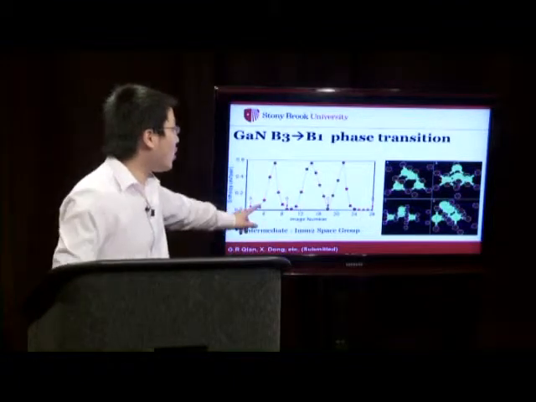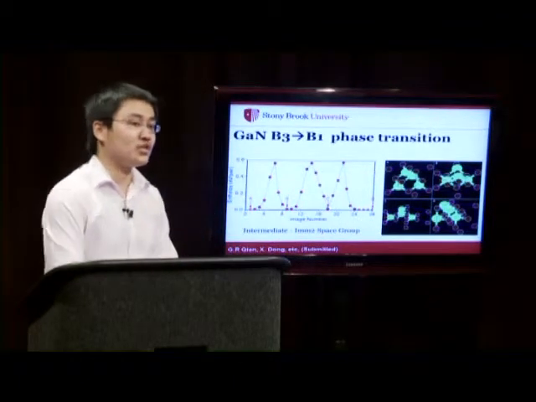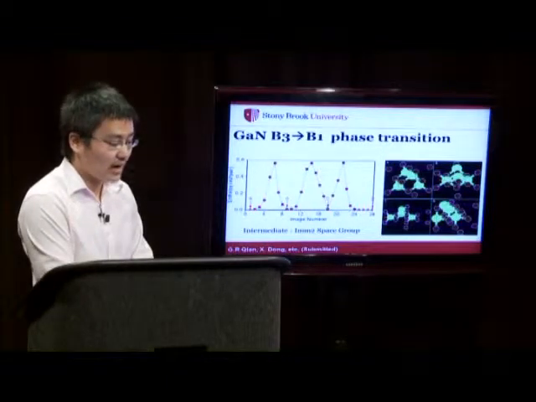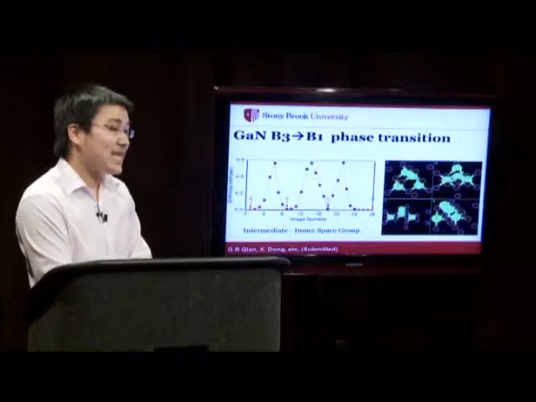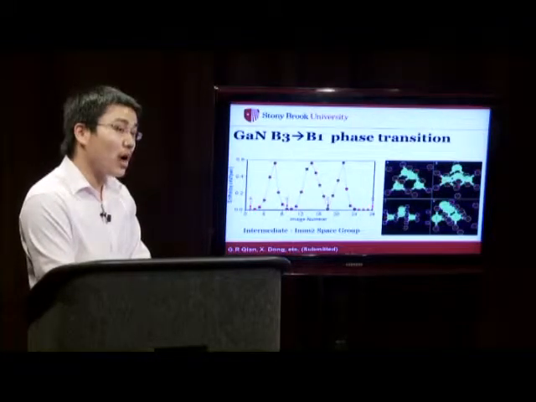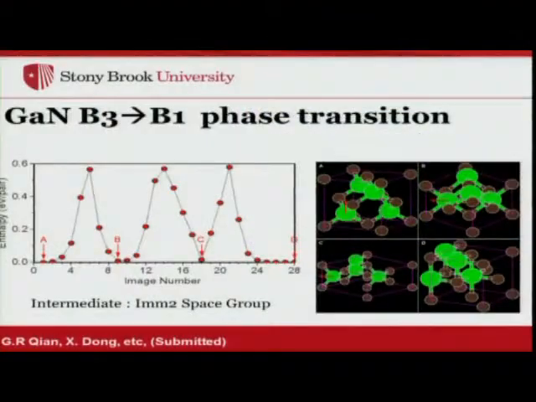They all have the same phase transition pathway, and they will have the intermediate Imm2 space group. So the VCNEB method is also powerful for studying phase transitions if you don't know anything about them. Just let it do.